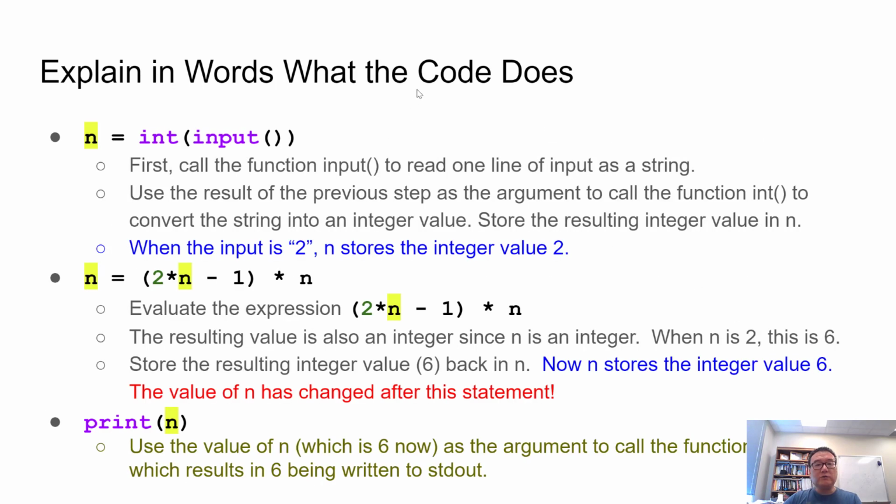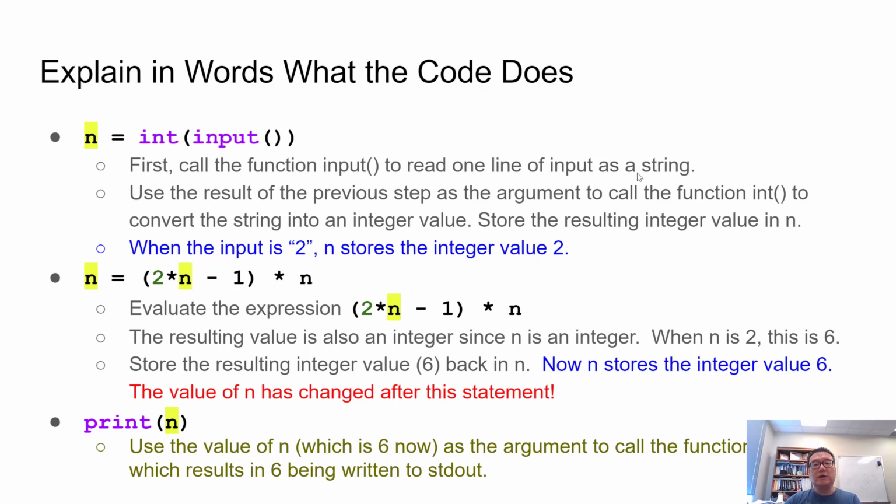Okay, so finally we're able to understand these three lines of code. I listed these three lines of code, along with English explanations of what the code actually does. For the first line, the first thing that happens is the input function is called, because in order to evaluate the int function, we have to have a value here. So we evaluate the input function first.